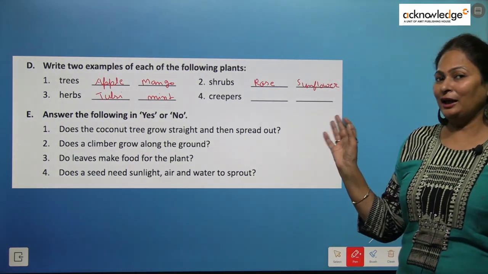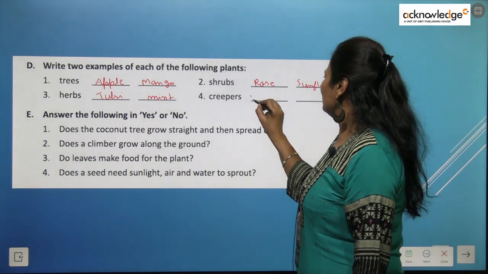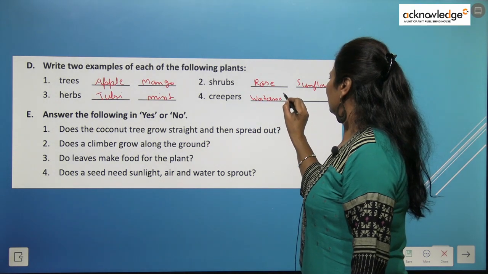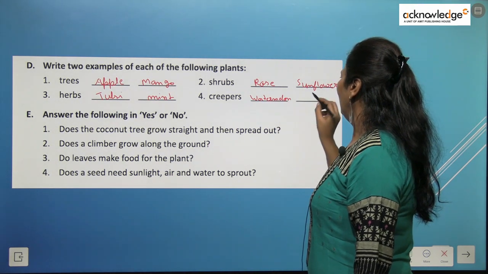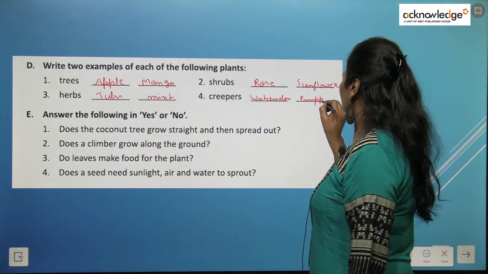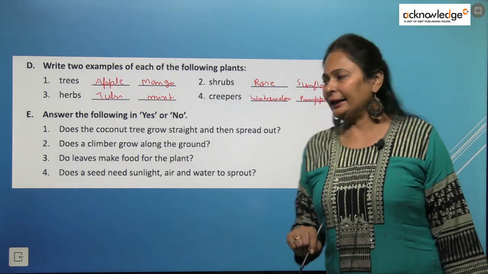Creepers. We have seen big fruits. Do you remember? So write down watermelon and pumpkin are the examples of creepers, right?